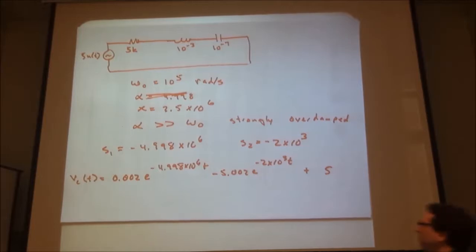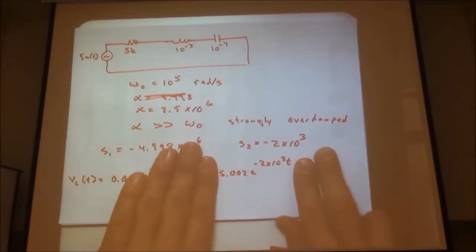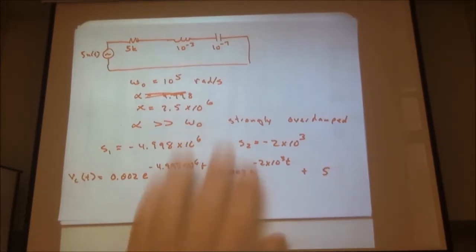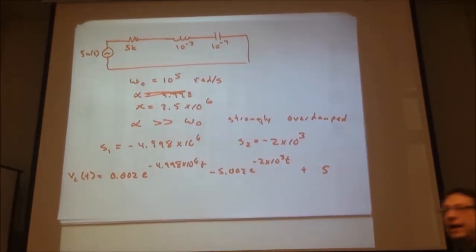Neglecting the coefficients, I mean, certainly A1 is much, much smaller than A2, but a little bit more interestingly, what can we say about the exponential behavior of this term relative to the exponential behavior of that term?